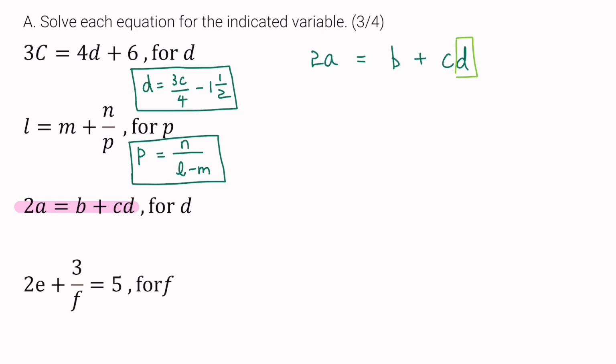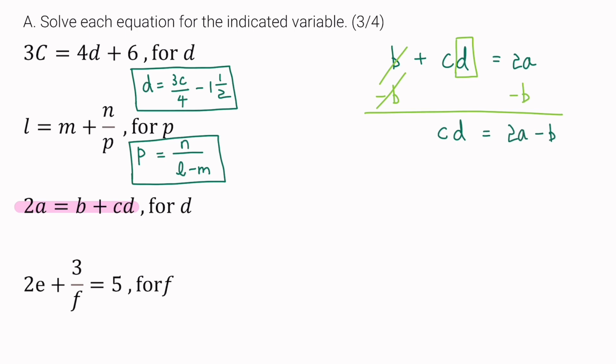So let's have this d variable on the left side of the equation by writing it like this and erasing this part. Now, in order to isolate the variable d, we need to get rid of b first. So let's do that by subtracting b from both sides of the equation. We can get rid of that b and end up with c times d is equal to 2a minus b.